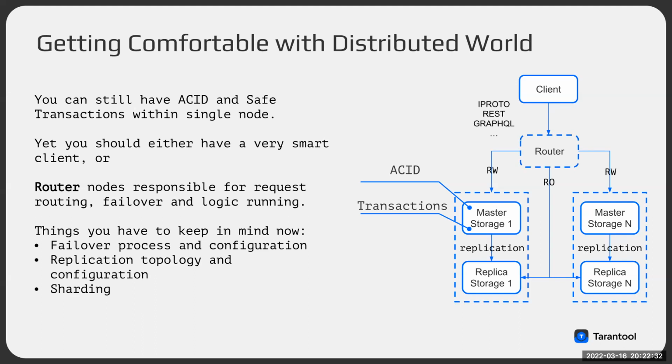In such a situation, you may still have ACID guarantees if you are using the right technology, and you can get safe transactions within a single node. Here you still have all the guarantees that generally come with relational database storage.